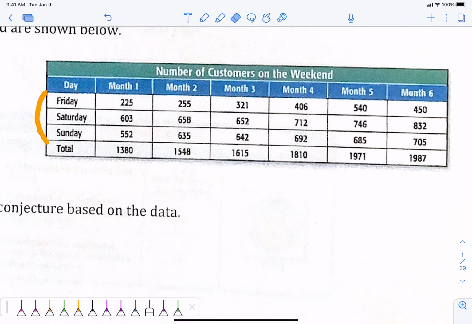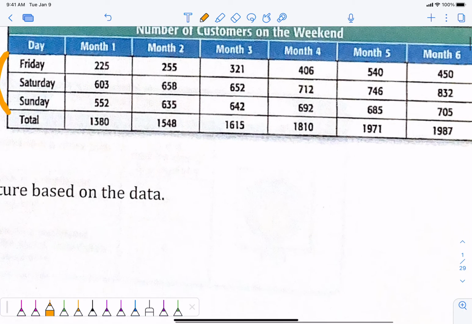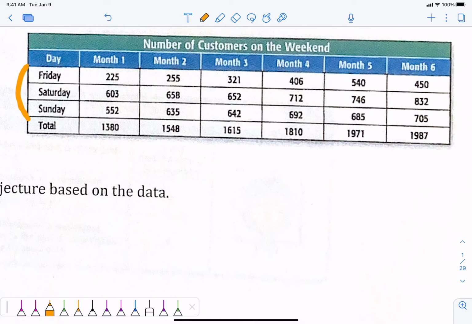We are just trying to decide, using this information, is there a pattern? Do I need to hire more people? Okay. What do you think? Do we need to hire more people by looking at this data? Saturdays are always more, right? Yeah, because everyone's off work.